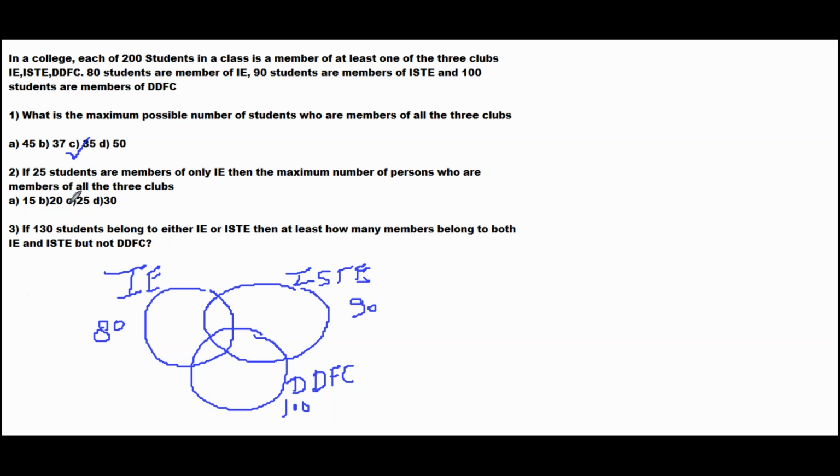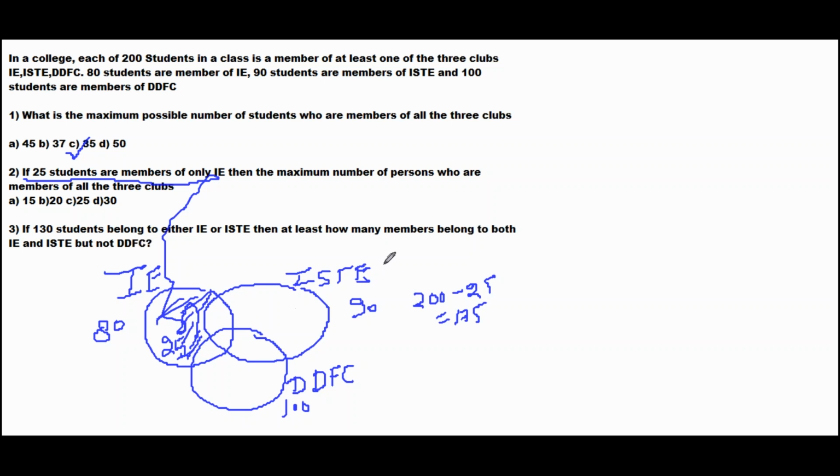Now second question. If 25 students are members of only IE, this portion is 25. So this whole portion plus this whole portion will be 200 minus 25 is equal to 175.